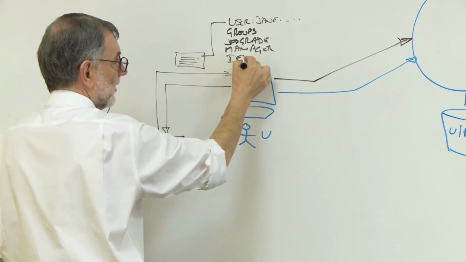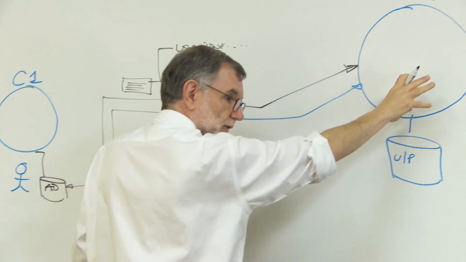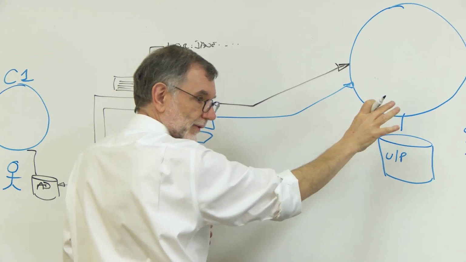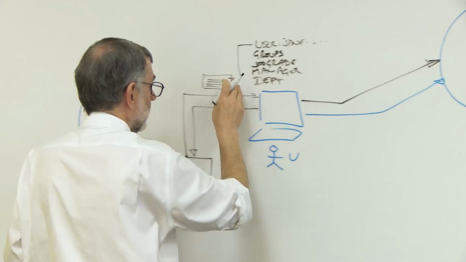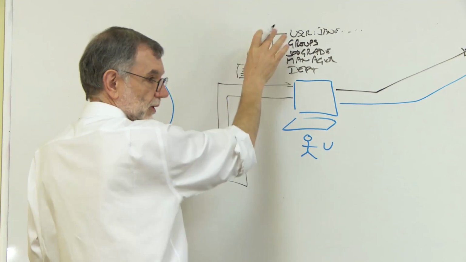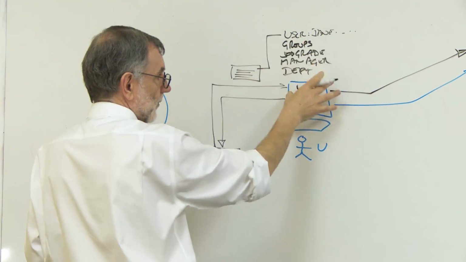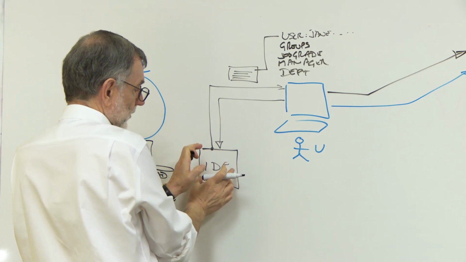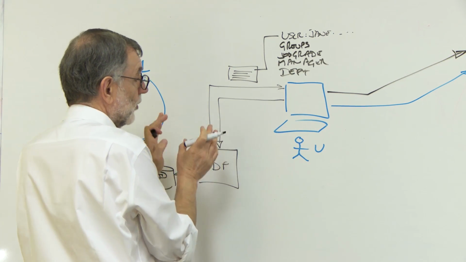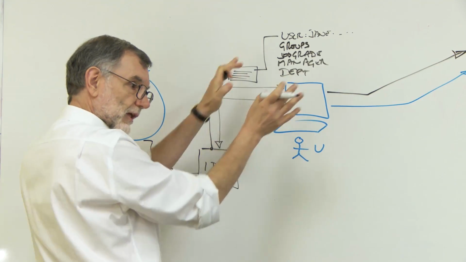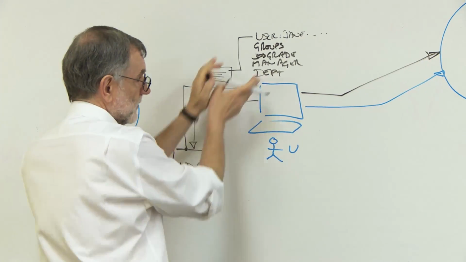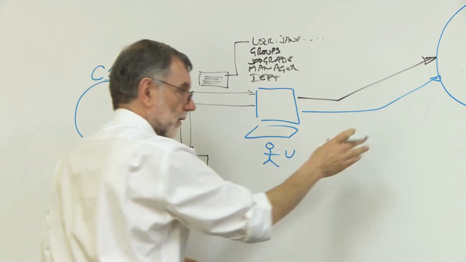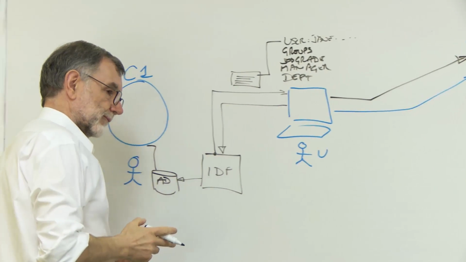If you work for the sales department, you get one set of rights in here. If you work for the marketing department, you get a different set of rights in there. And this token can contain more than just your identity. It can contain information about you. And the identity provider is configured in such a way that it knows for each application that you're going to talk to which pieces of information need to be sent to the final application.